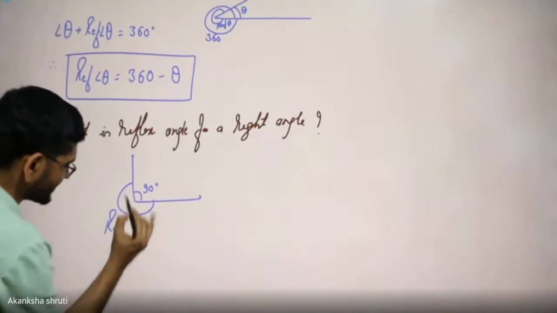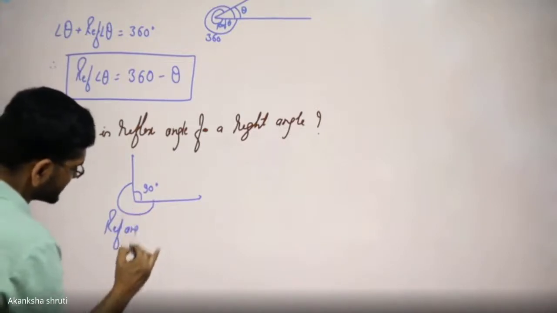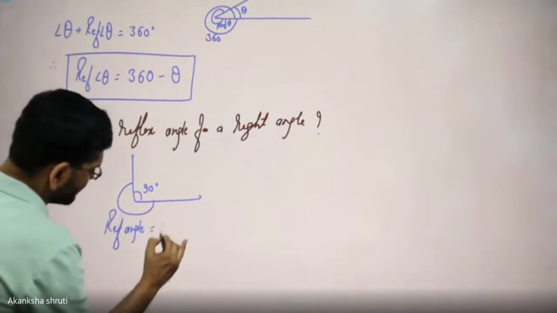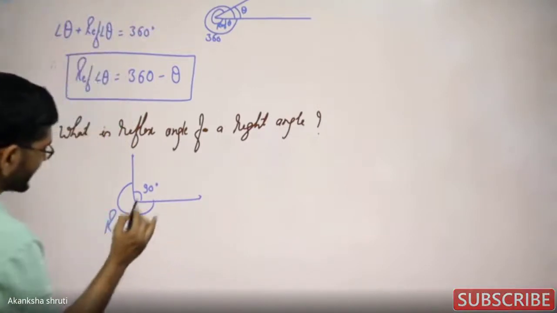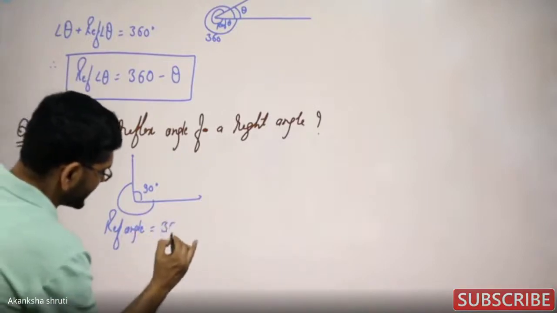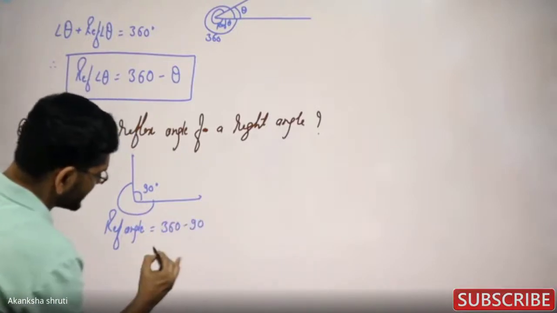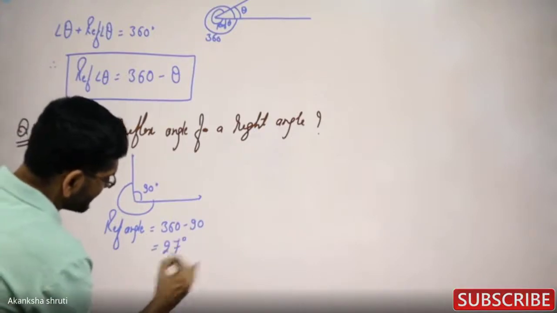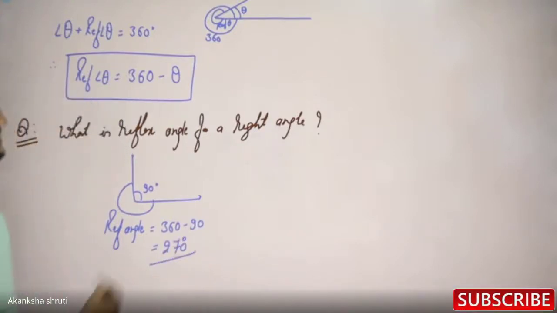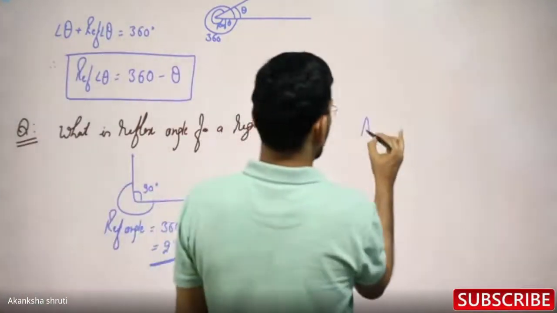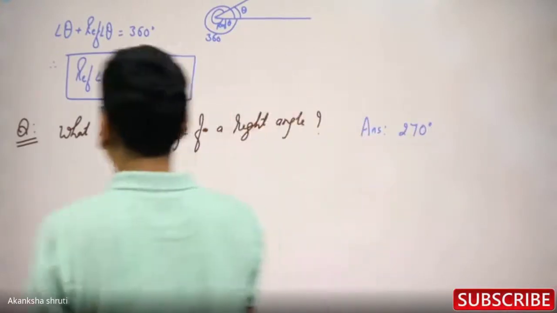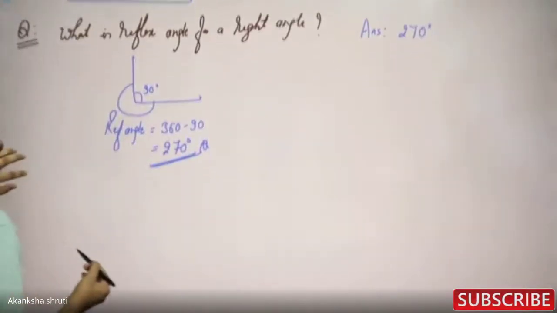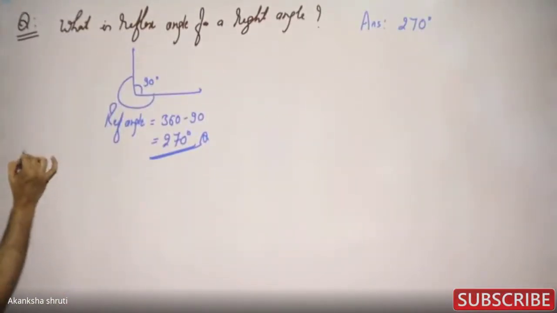The reflex angle for this 90 will be 360 minus this 90. It becomes 270 degrees. So it's that easy. Therefore, your answer is 270 degrees.